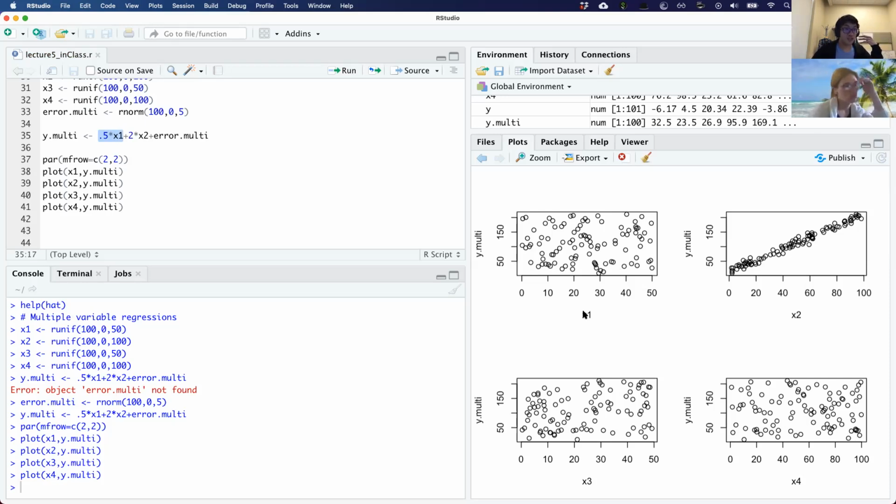When we are talking about multivariate regression, the reason this is happening is that you have 2 times x2 versus 0.5 times x1. So my y outcome is much more strongly influenced by my x2 rather than my x1. As a result, visually, I'm not going to see the pattern.